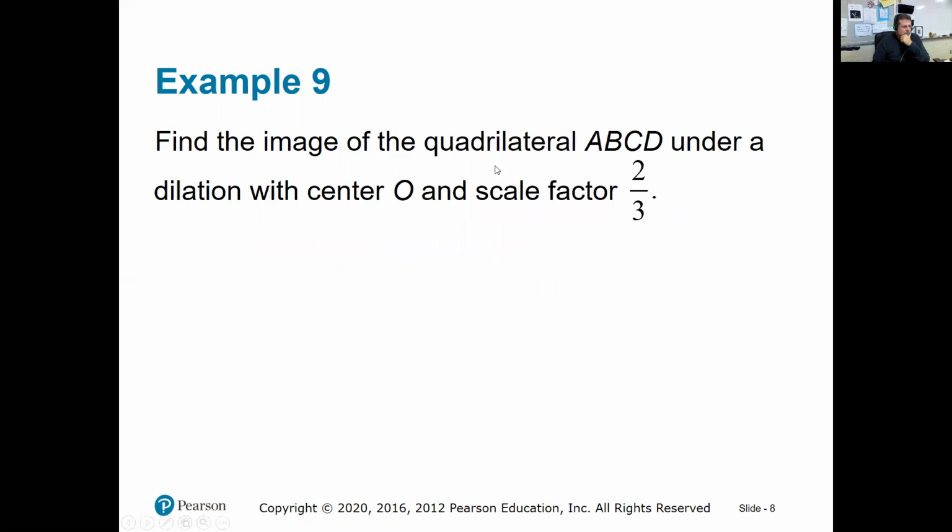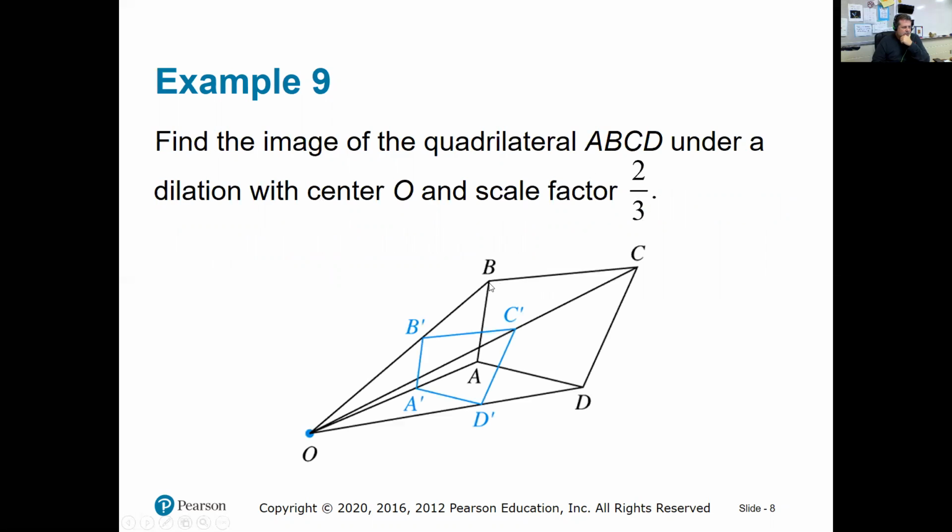Find the image of the quadrilateral ABCD under a dilation with the center O and a scale factor of 2/3, which means we're making it smaller. Okay, so here is ABCD. And so from the distance from O, if I take the distance from O to A, I'm going to take only the 2/3 of that distance to find A prime.